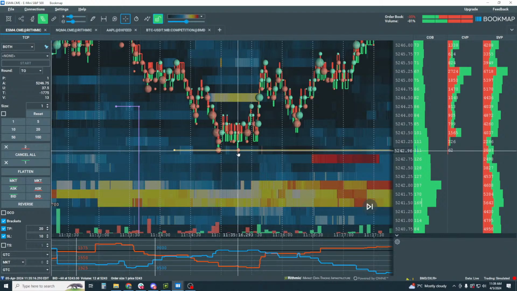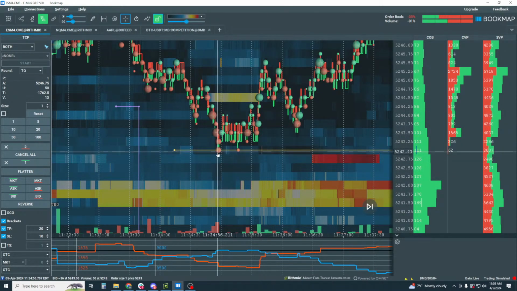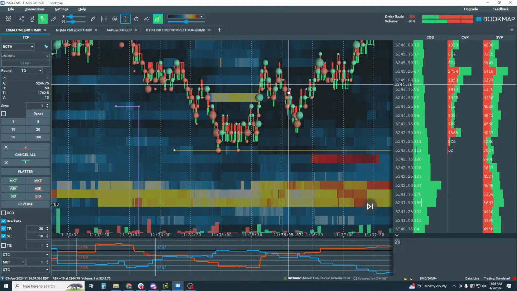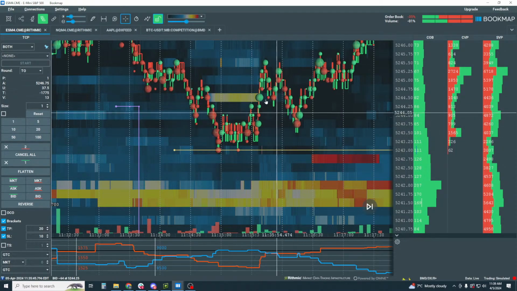That's another way to look at this. If you want to use limit orders, you're typically going to have to be taken into it. Even on a pullback, you would be taken into it. This would be a small pullback here, for example.